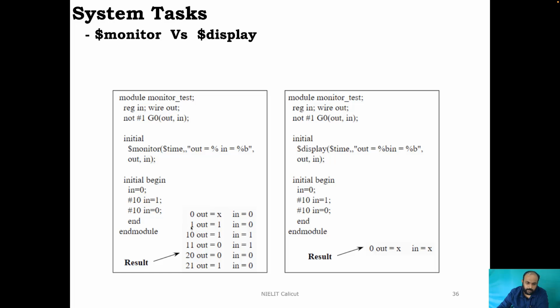For example, at 0 simulation time, what is the value of out? You can see here it is driving a NOT gate, so whatever is in the input, the opposite should be in the output. At simulation time unit 0, the input is made 0, so obviously you expect the output to be 1, but if you look here, when you declare the NOT gate, there is another delay of 1 nanosecond specified.